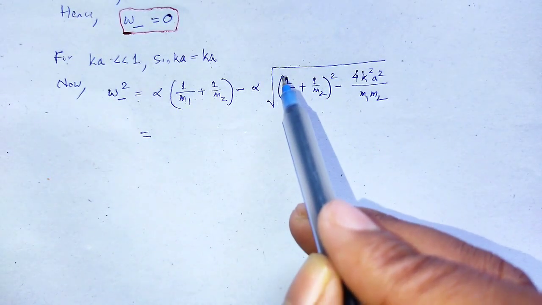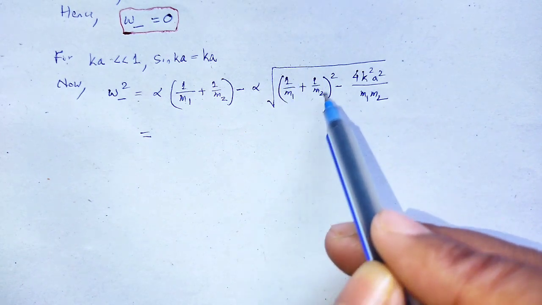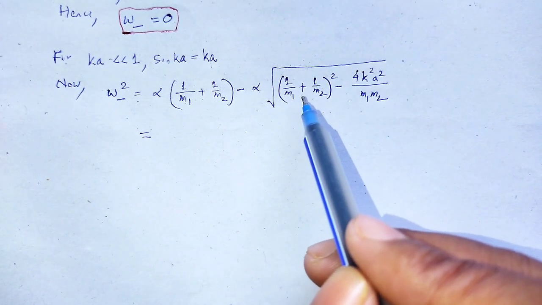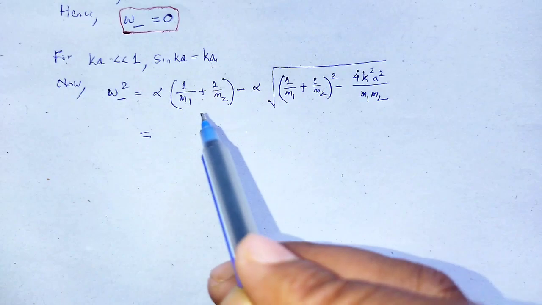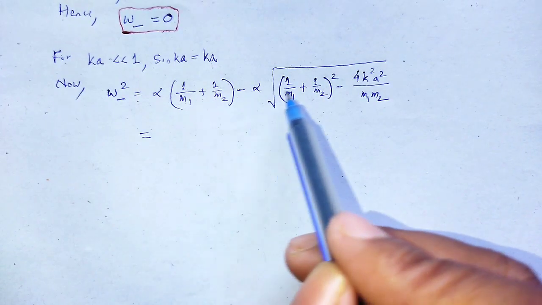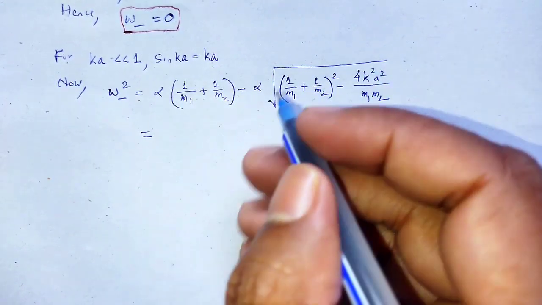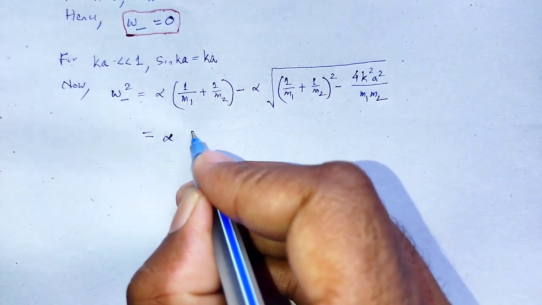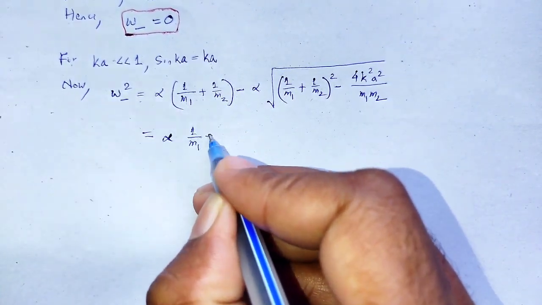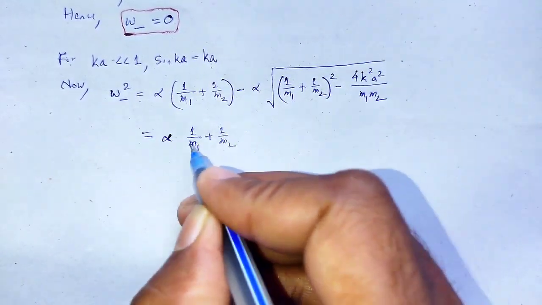From that root term we take common (1 by m1 plus 1 by m2) whole square, and throughout these two terms entirely we take common alpha (1 by m1 plus 1 by m2).